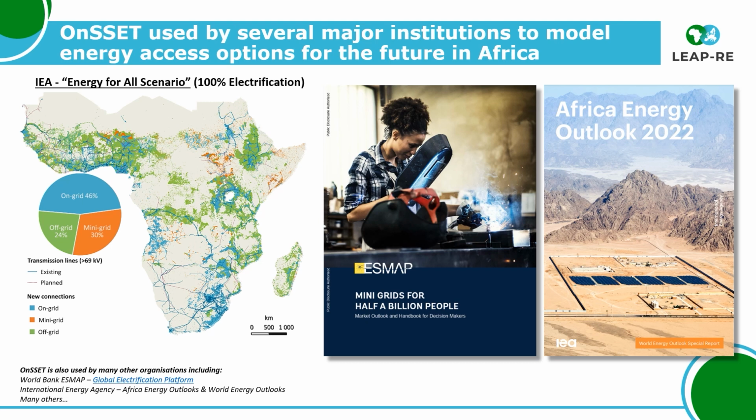Onset has already also proven its value in its use by many reputable organizations around the world, such as the International Energy Agency, looking at continent-wide electrification options, the World Bank ESMAP Group in their mini-grids for 500 million people, and the Africa Energy Outlook.